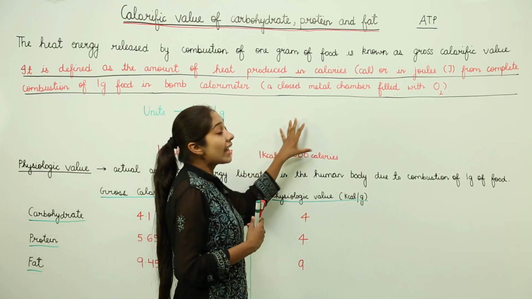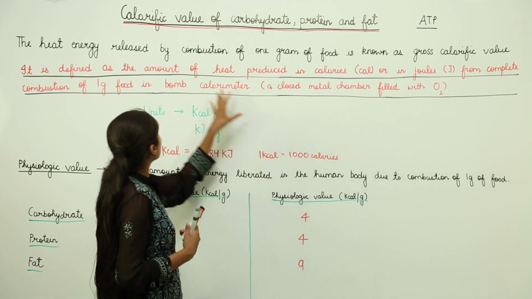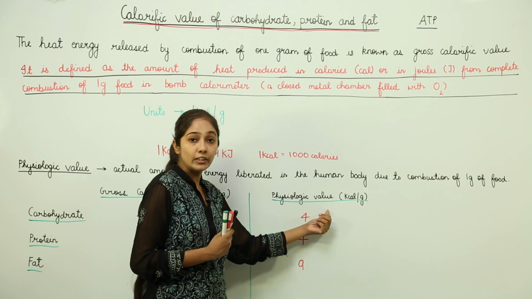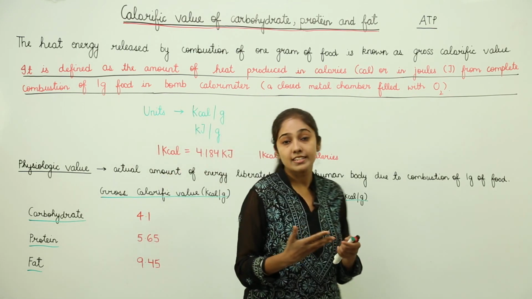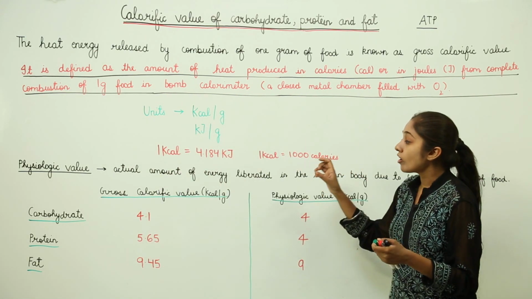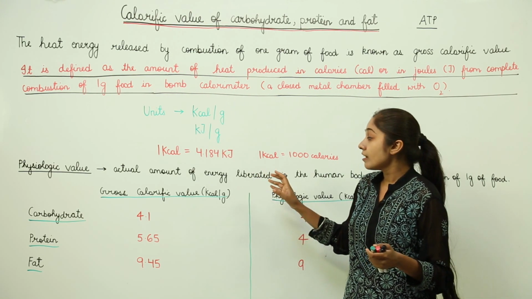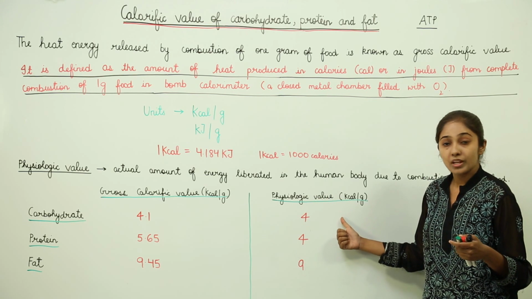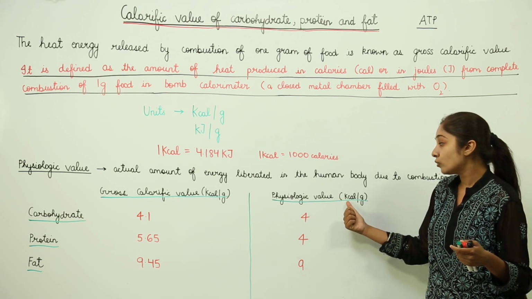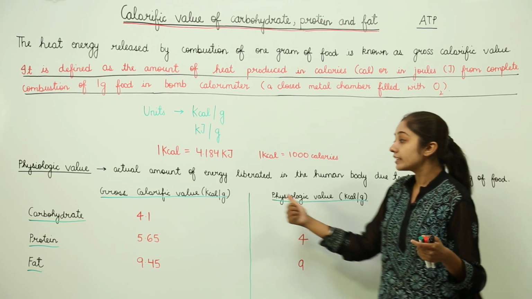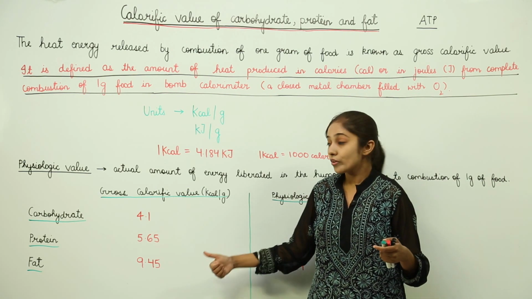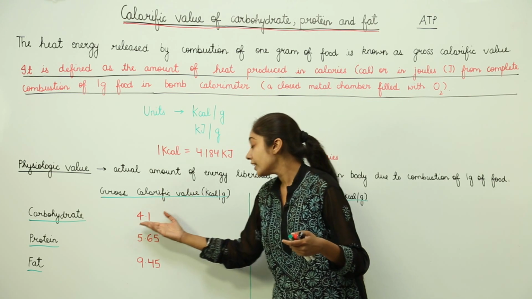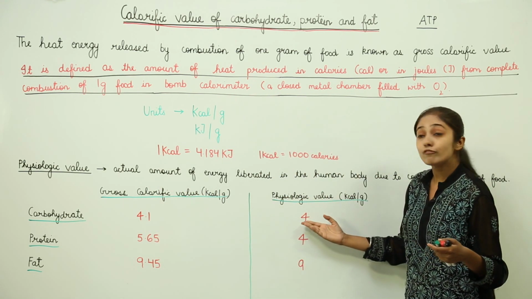Moving on to the next point of difference between the gross calorific value and the physiologic value: the gross calorific values are more than the physiologic values. For carbohydrates, the gross calorific value is 4.1, but the physiologic value is only 4.